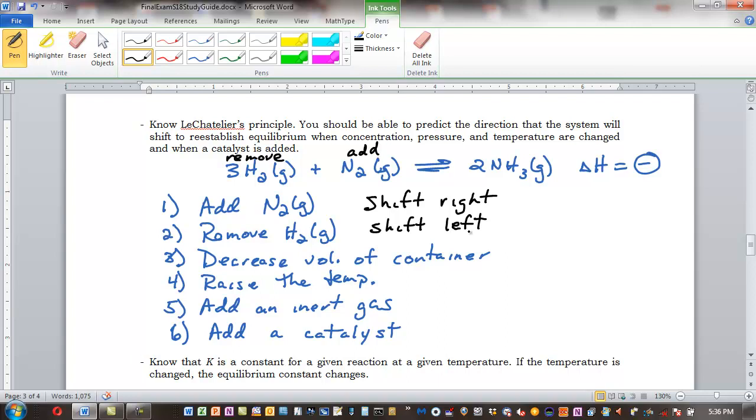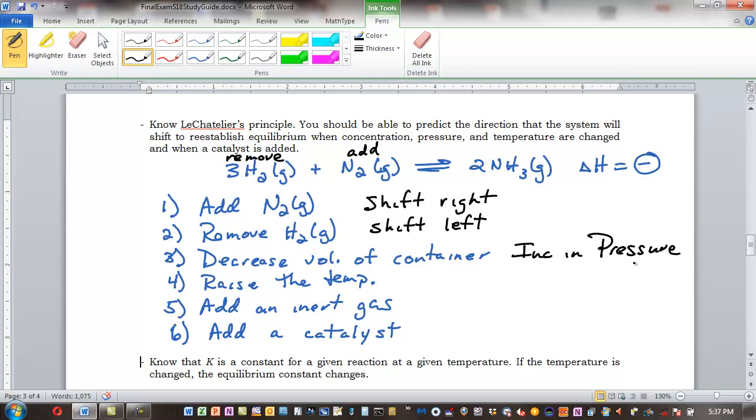All right, decreasing the volume of the container. What is the stress that is applied to that system? What is it? It's pressure. So if we squeeze on that gas, if we push it into a smaller volume, our change is an increase in pressure.